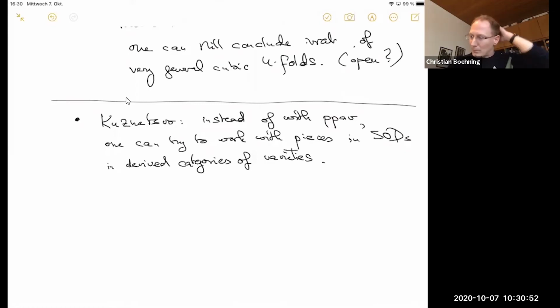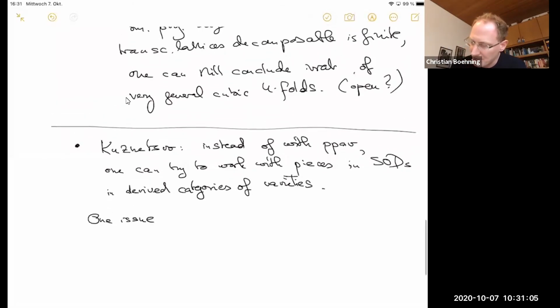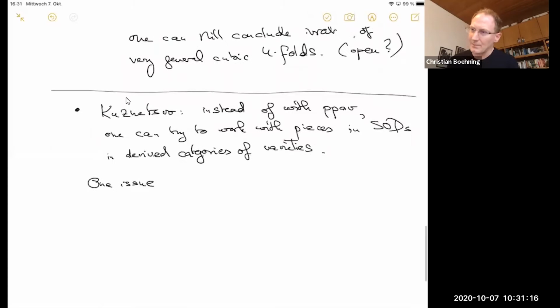And the catch here is one issue that has been pointed out by many people. In Kuliko's approach, the property of Jacobians that they are indecomposable, the analog of that property here, the unicity of the decomposition of principally polarized abelian varieties into indecomposable pieces, fails.